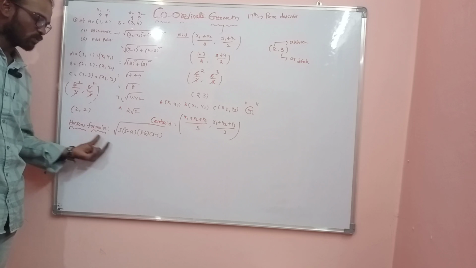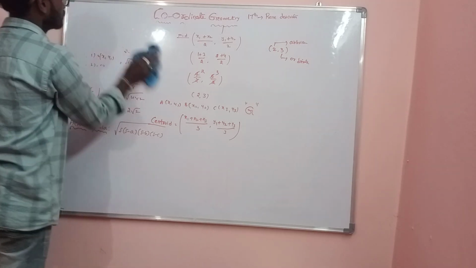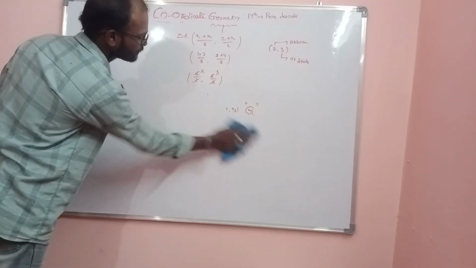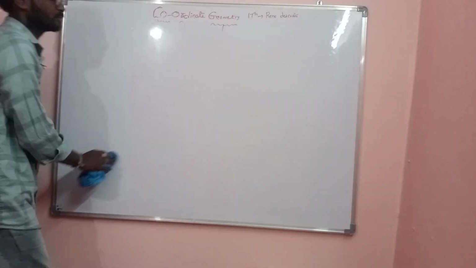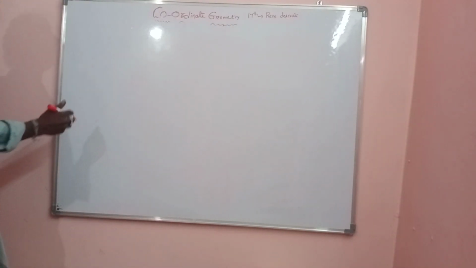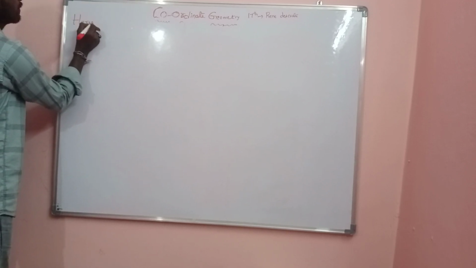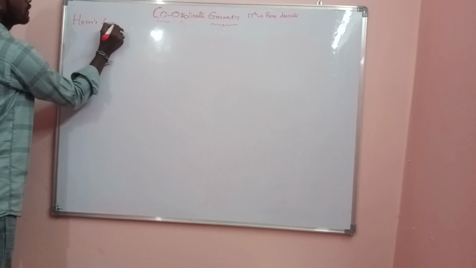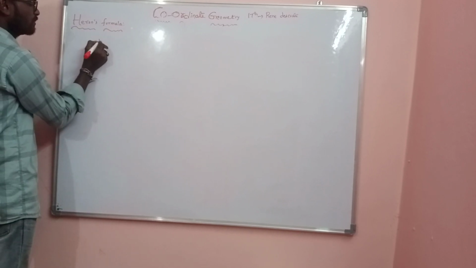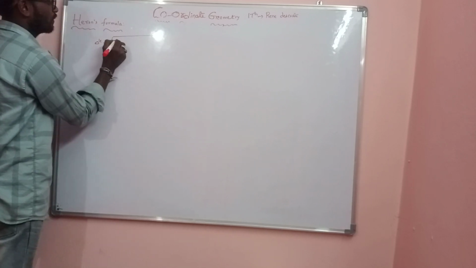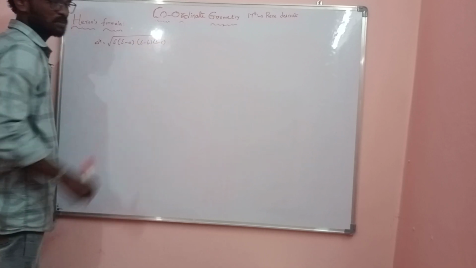Now let us consider Heron's formula. How can we derive it? The area of triangle by Heron's formula is square root of s into (s minus a) into (s minus b) into (s minus c).